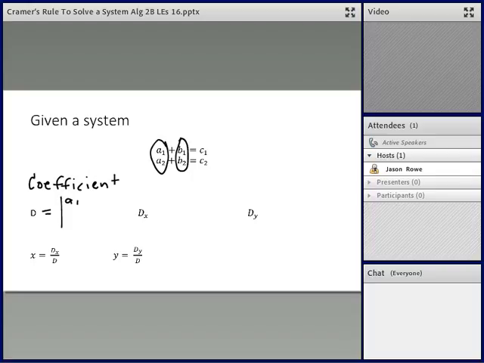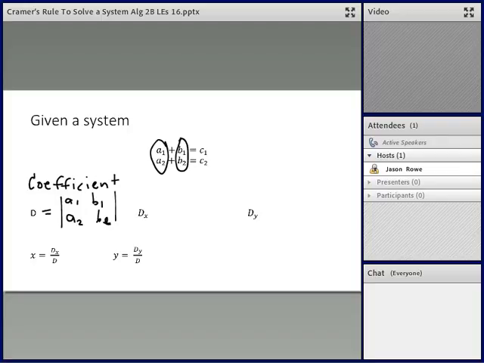So A1, B1, A2, and B2. So that's the coefficient matrix.